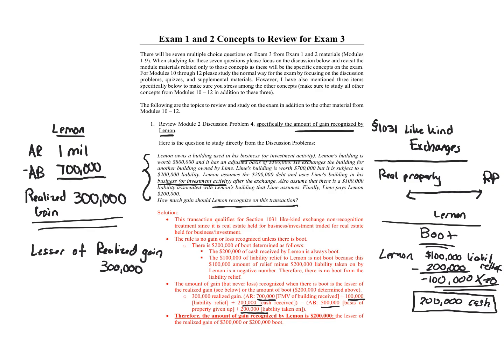And we just calculated the boot. The amount of boot is the $200,000 cash because the liability relief offset itself, right? So the lesser of the two is the $200,000, and that is the amount of gain that Lemon recognizes: $200,000.